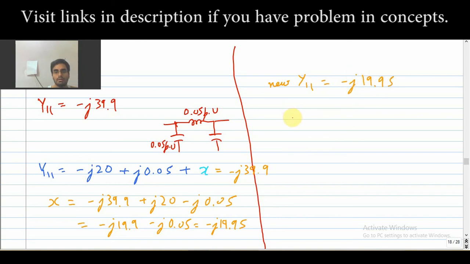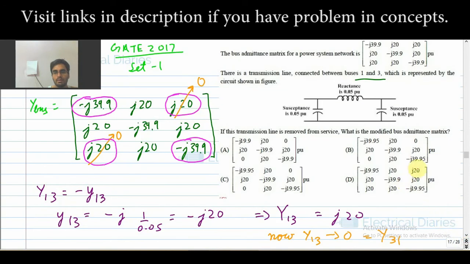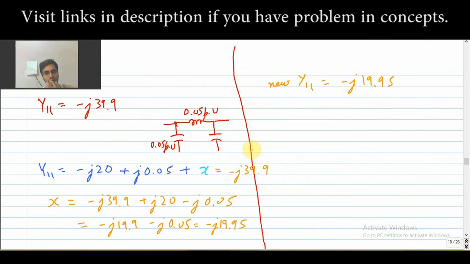And your Y33 was also minus j39.9. From bus 3 also this line got removed. So your new Y33 will be the same as new Y11, that is minus j19.95.